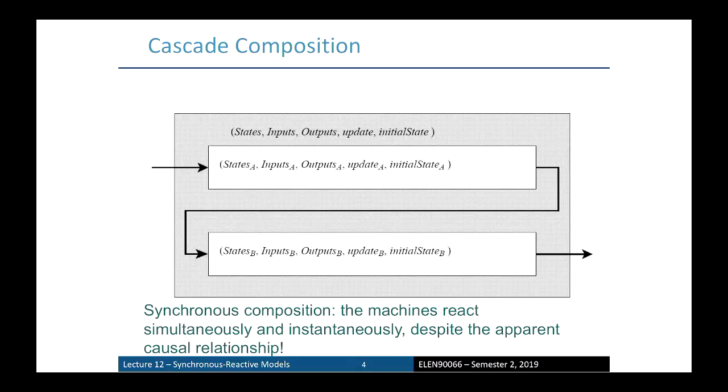For cascade composition, synchronous composition still implies that both machines react simultaneously and instantaneously in lockstep, despite there looking like some flow of information, a causal relationship.